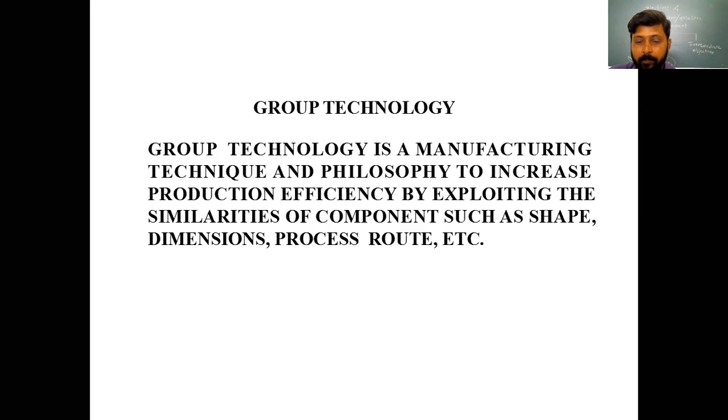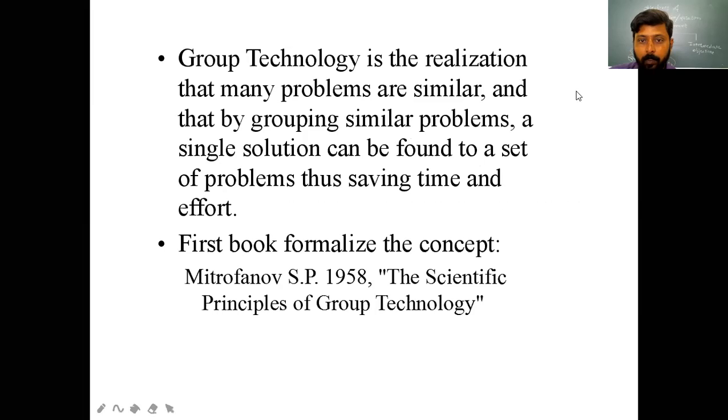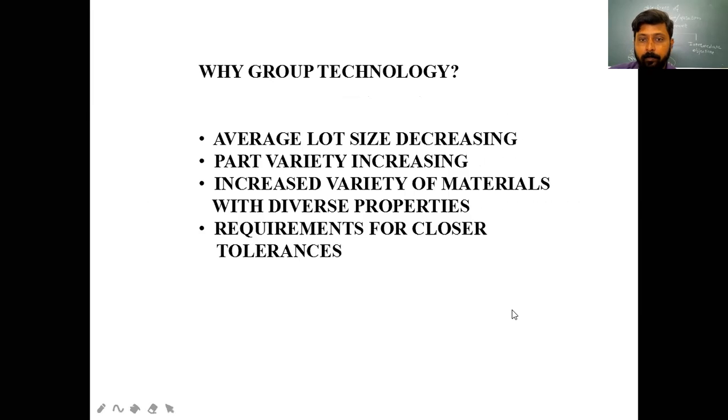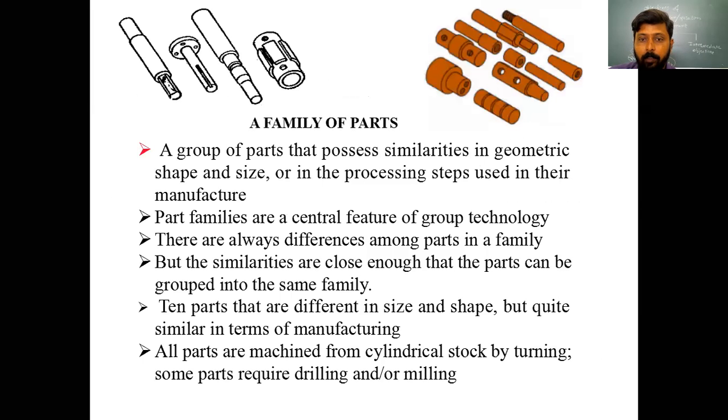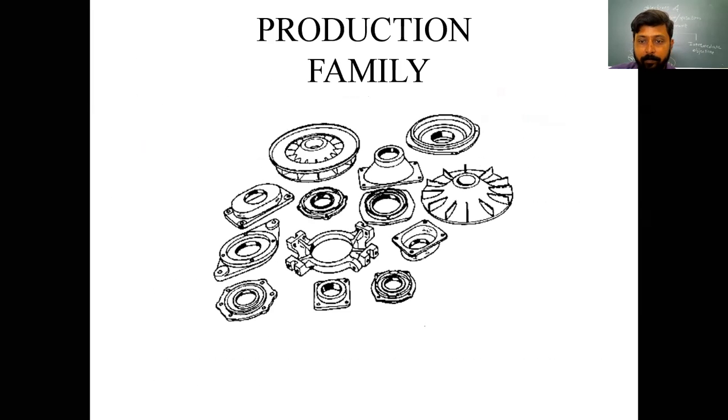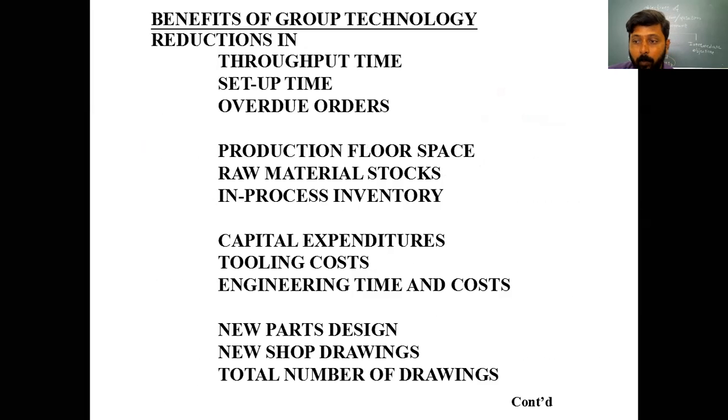We have discussed the group technology definition in the previous lecture, why it is important, how it affects variety and volume, and how to make a part family. Now, what exactly do we get as a benefit in group technology or in making part families?